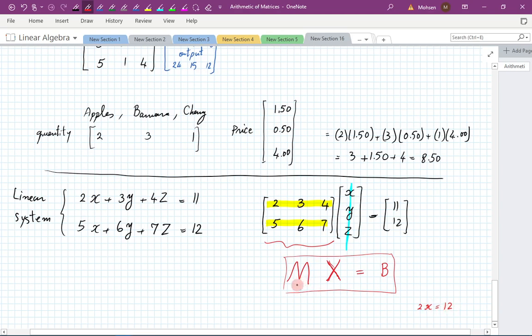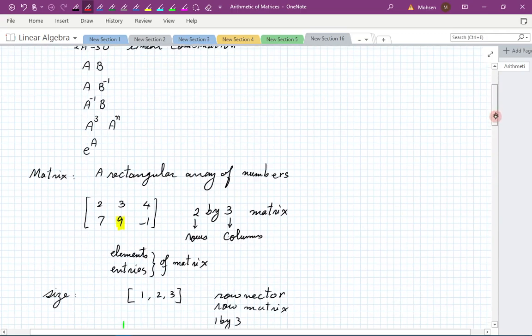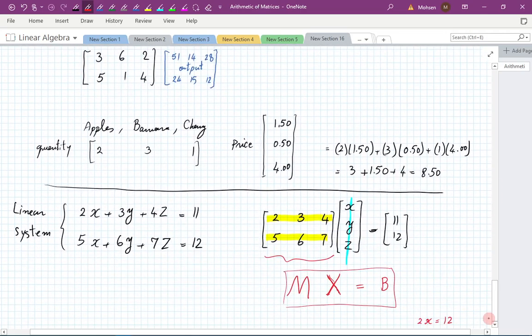Now we have a matrix times a vector of unknown quantities equal to the right hand side, and of course what we want to do is what we did there. Over there you say divide by 2, and that's what's going to bring us to our next topic. How do you divide by a matrix? What are the complications that we are going to come across when we get there?